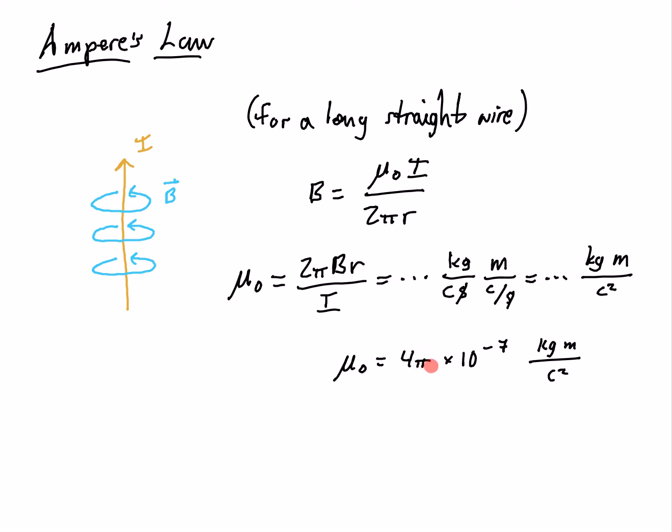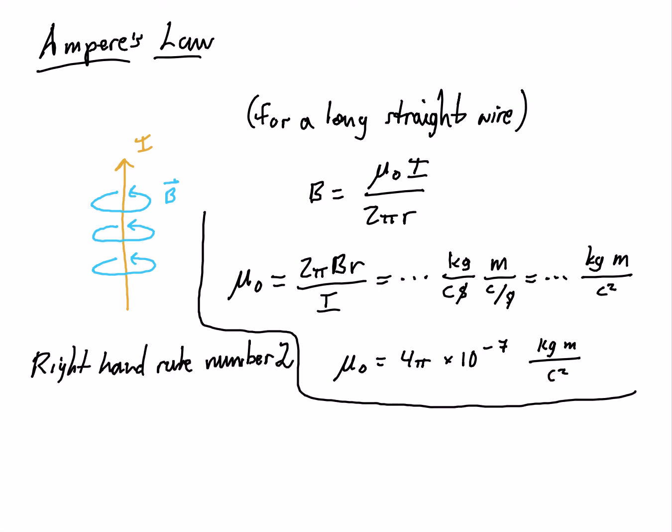So there's actually some freedom in the way that the units for magnetic field are defined, and so different unit systems will have different values for mu naught. They can also have different values for epsilon naught, which we encountered earlier. We will stick to the standard international units, and in standard international units, mu naught has a value of 4 pi times 10 to the minus 7 kilogram meters per coulomb squared.